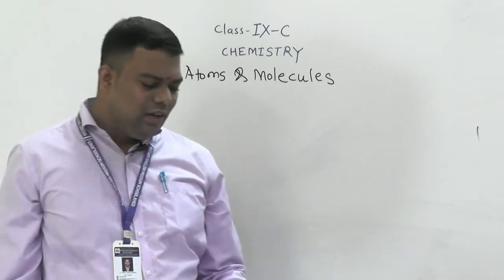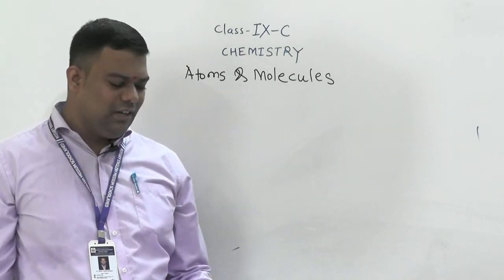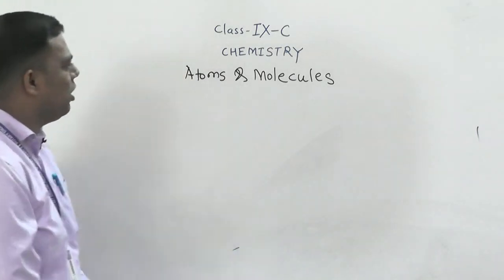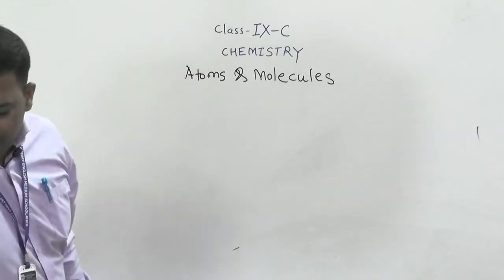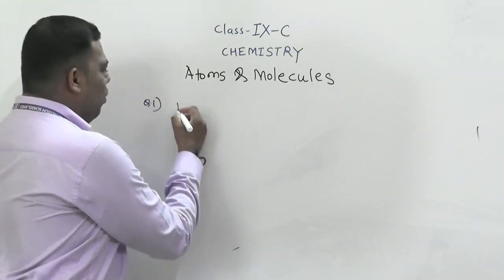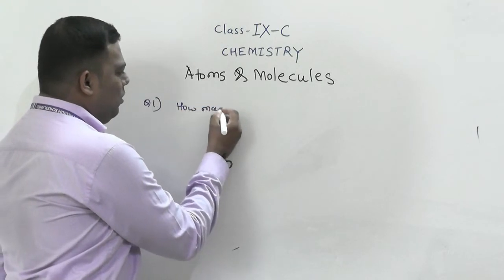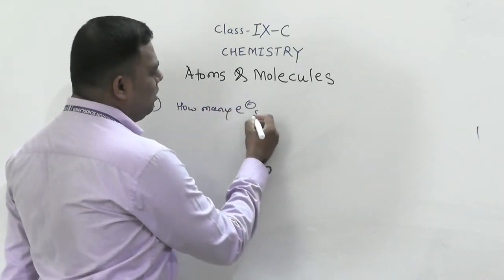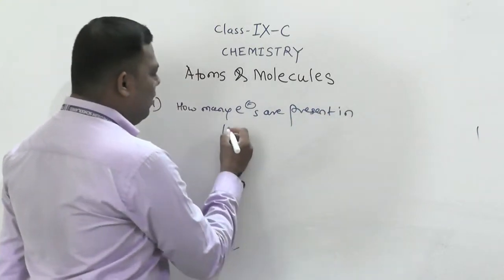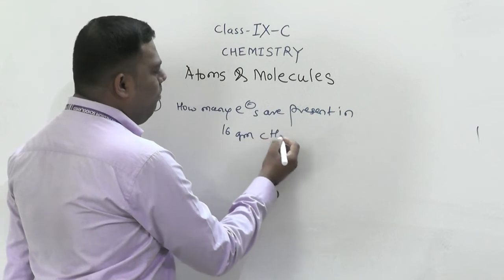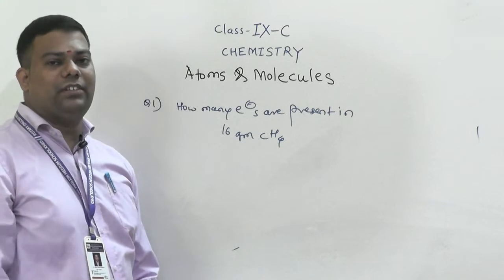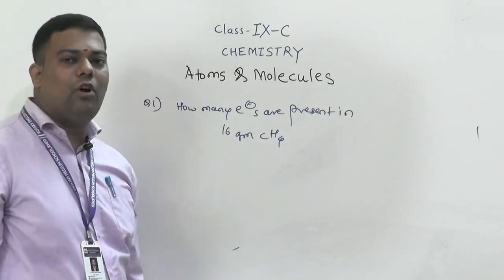Question number one: how many electrons are present in 16 gram of methane? You must know that for 16 gram of methane, first you have to calculate the number of moles.